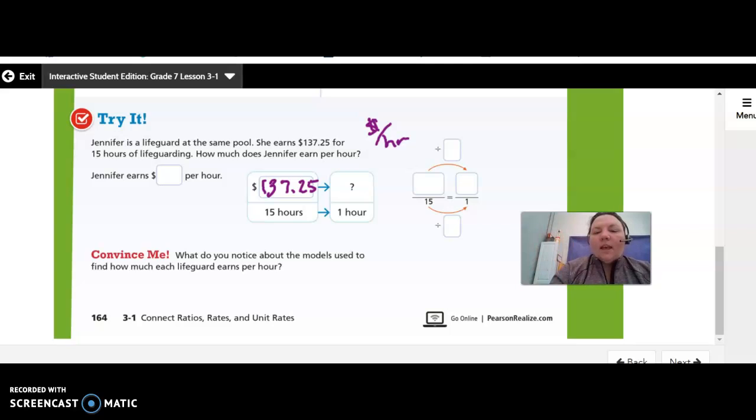And what we want to know is, how did they turn 15 into 1? Well, 15 divided by 15 is 1. And whatever we do to the bottom, we have to do to the top. And so if we take 137.25 and divide by 15, so I'm going to pull out my handy calculator and do 137.25, don't forget your decimal point, divided by 15, we find that the top of my adjusted fraction is 9.15.